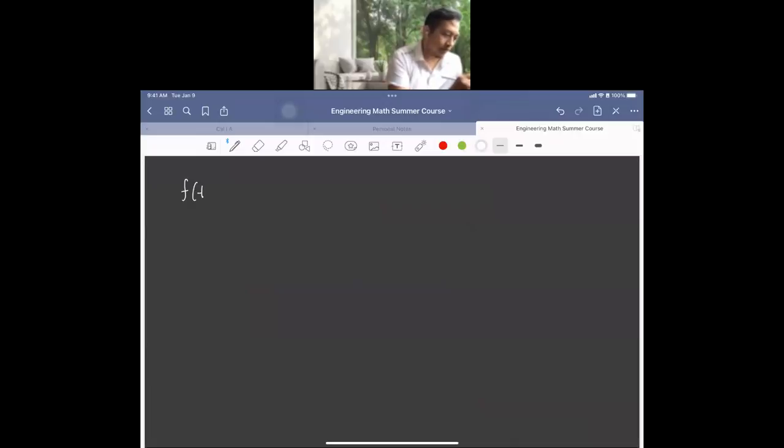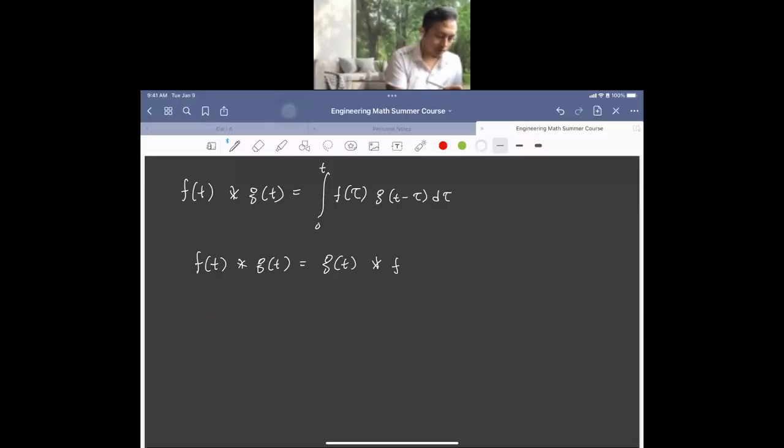So some properties, let me write: f(t) convoluted with g(t) is equal to the integral from 0 to t of f(tau) g(t minus tau) d tau, and this is equal to g(t) convoluted with f(t).